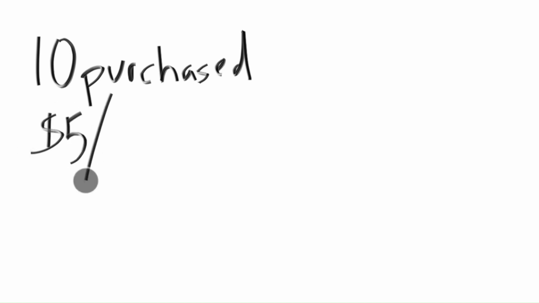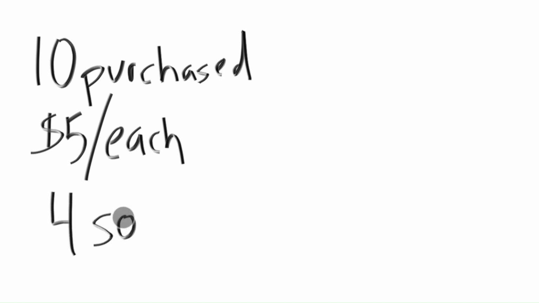All right, so thinking back to the scenario itself, remember that there were 10 that he purchased, and he bought them at $5 each, and then he sold 4 of them.